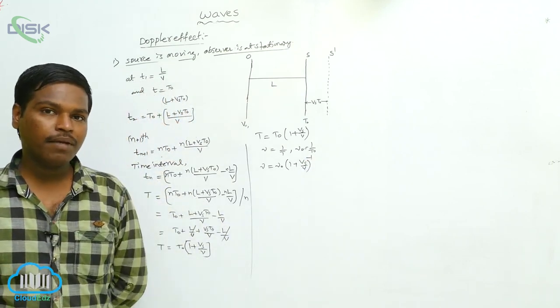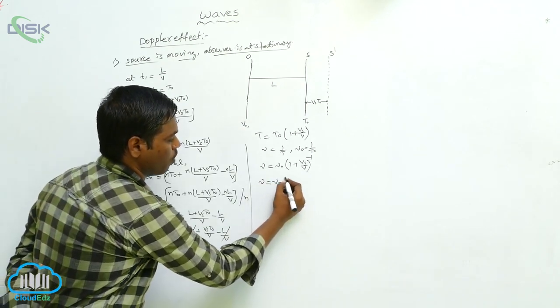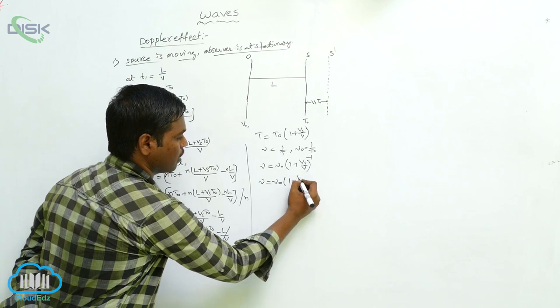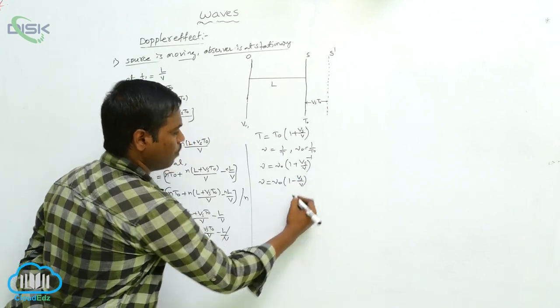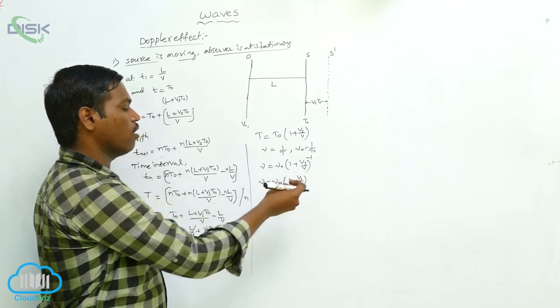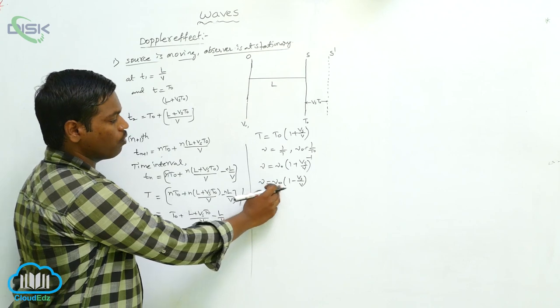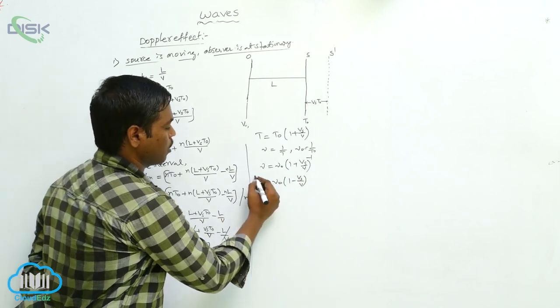By the binomial expansion, only the first term is kept and all other terms are very small, so nu is equal to nu naught into (1 minus Vs by V).